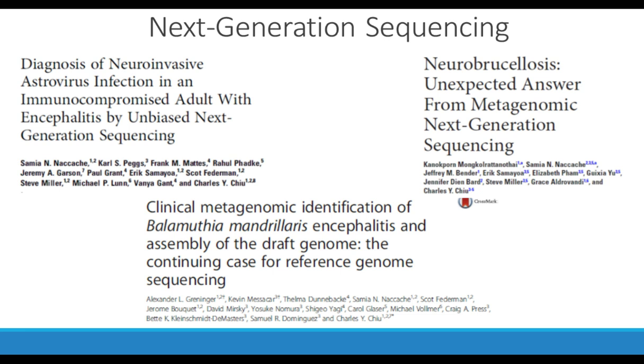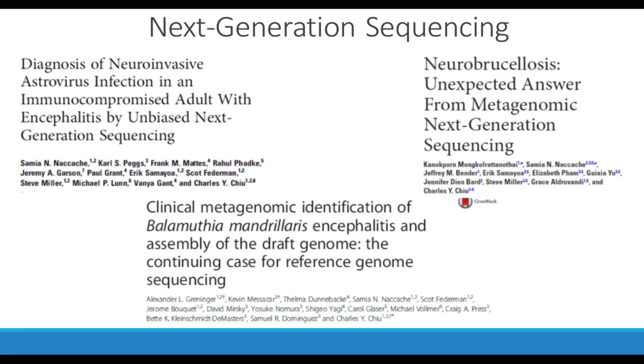I'm only going to have one slide on next generation sequencing, and it's really just to demonstrate some of the power of metagenomic sequencing, from a number of cases that have come out of the CHU lab, looking at identification of unknown or not-thought-of organisms by using metagenomic next generation sequencing in patients who have meningitis or encephalitis.